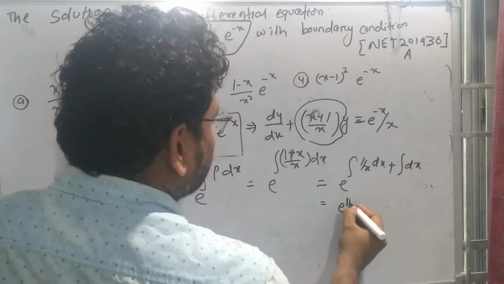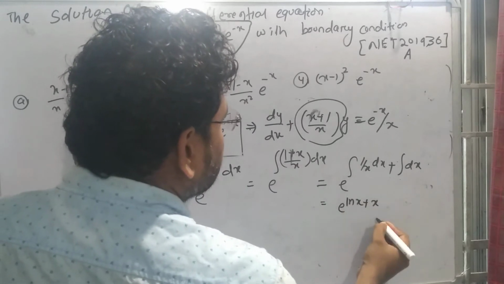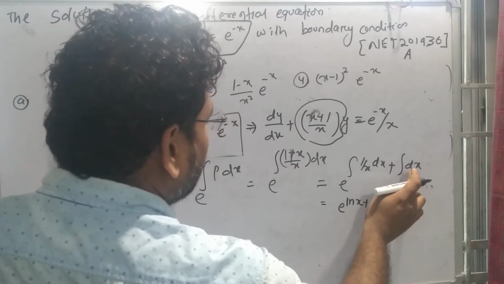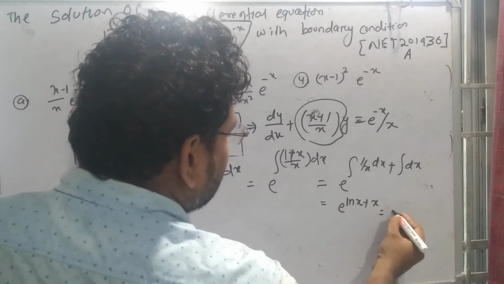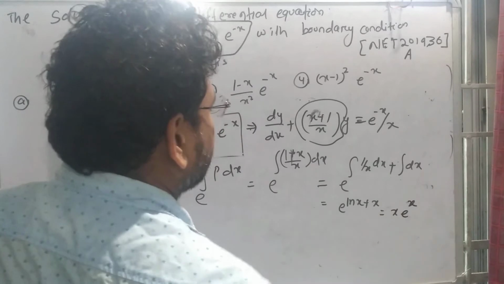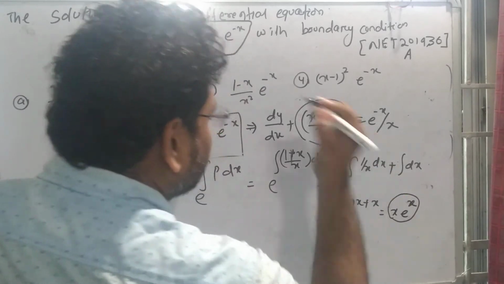So it is e to the power ln x plus x, and it will be x times e to the power x. Now this is our integrating factor.